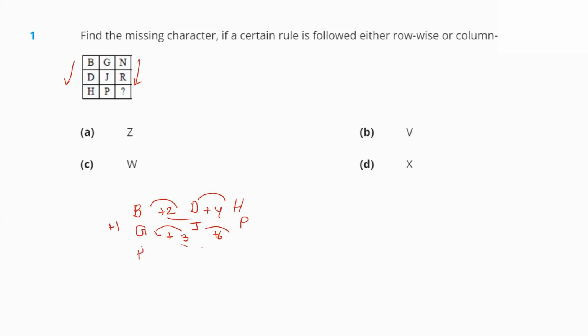So if we do H, this will be, no, this is N, sorry. N, it is plus 4. N plus 4 is R. And if we do plus 8 in R, we get Z. So our correct answer is option number A.